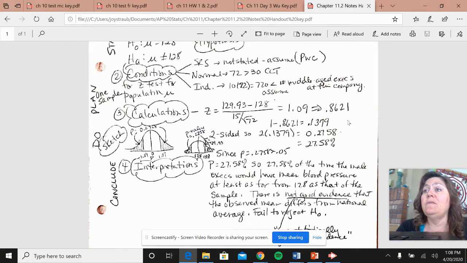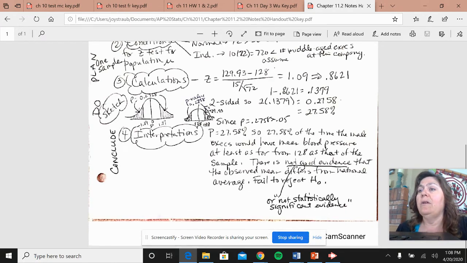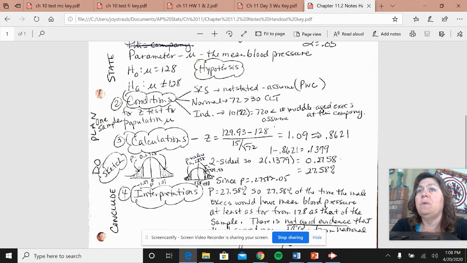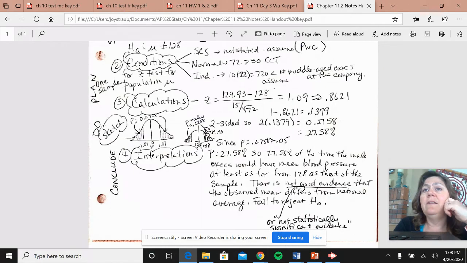Therefore, we are going to fail to reject H0. We're not statistically significant there, right? And so we'll say that the true mean systolic blood pressure could possibly have been this 128. There's not enough evidence for us to say that it was different than that.